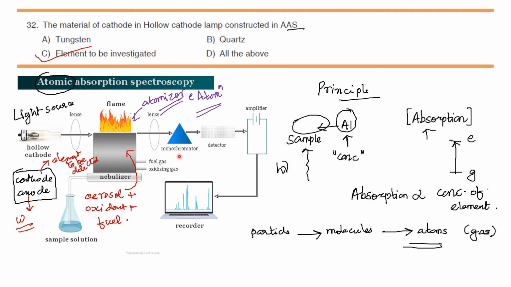Now you can see a monochromator. The monochromator helps in the selection of a radiation of a particular wavelength. That is, if you have radiation with a range of wavelengths, you can select the radiation of a particular wavelength, say lambda, which is characteristic of the element that is to be detected. That selection is done by the monochromator.